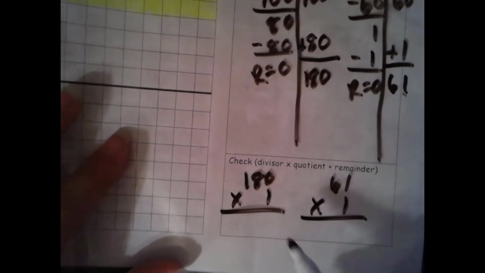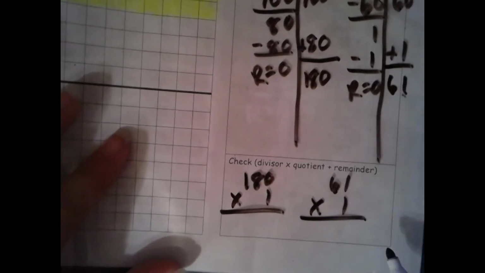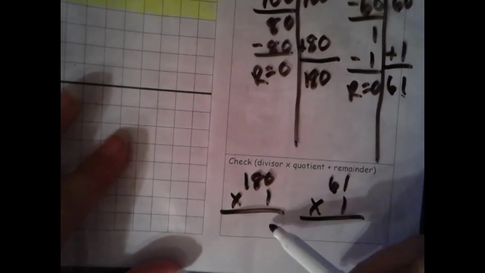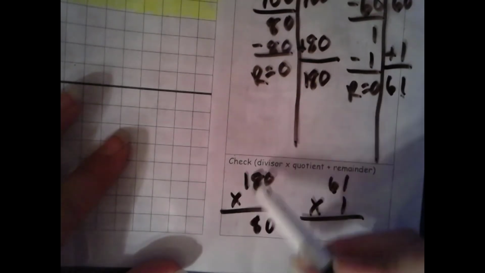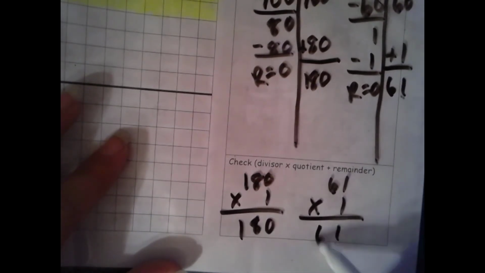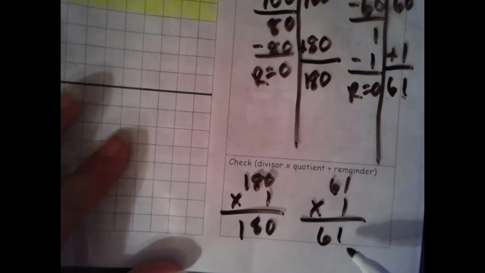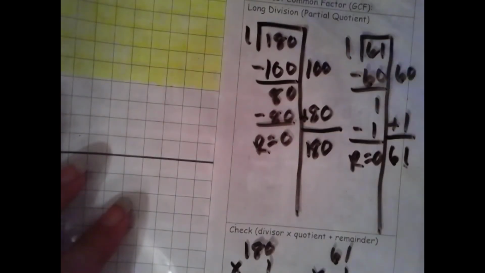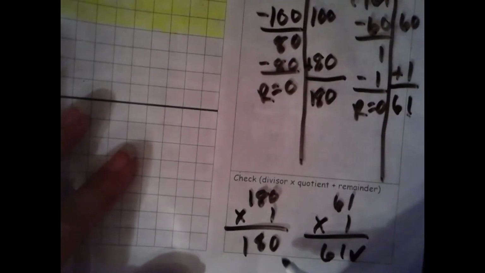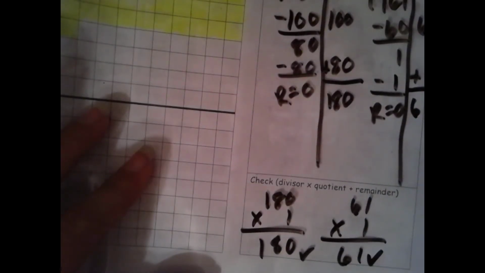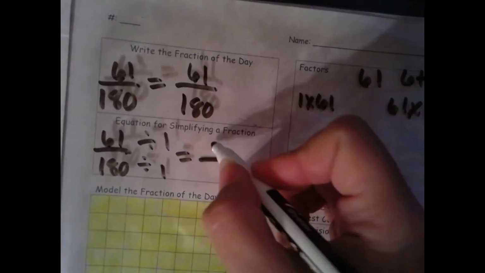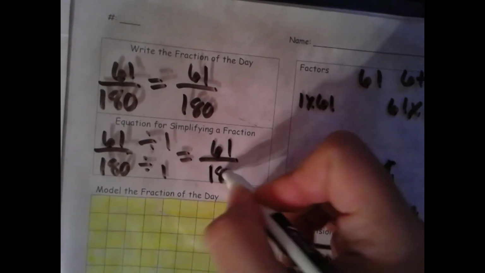But what we end up with here is the identity property of multiplication. It says that when you multiply by 1, it stays the same. So 61, that matches our dividend up here, check. 180 matches our dividend up here, check. So our fraction is definitely 61 over 180.